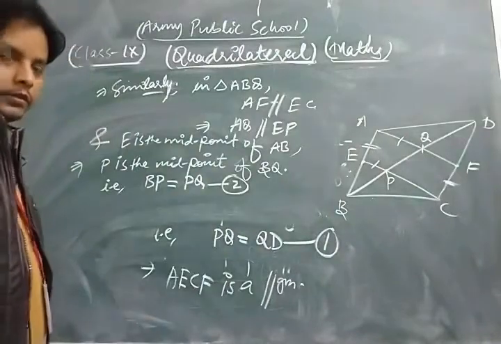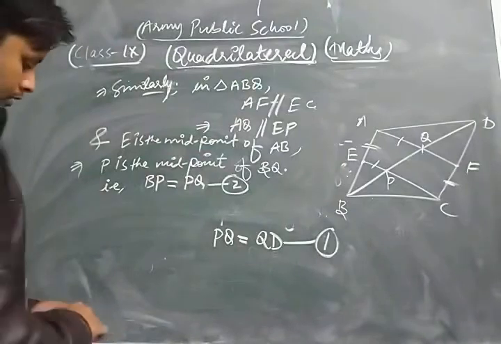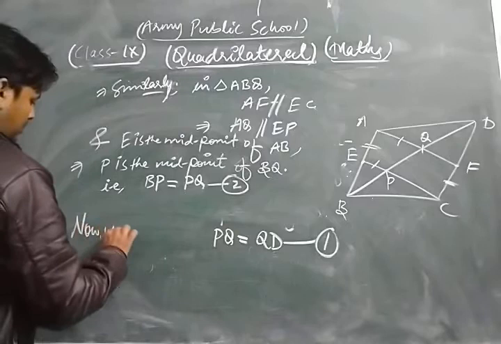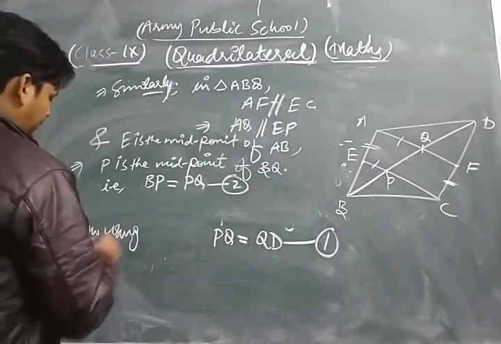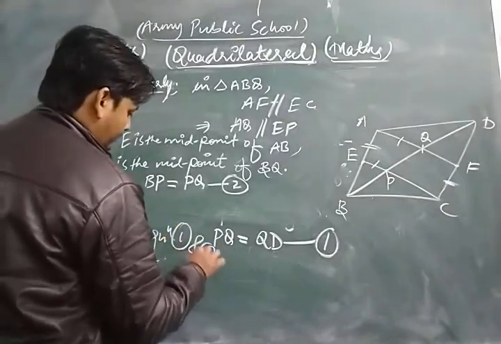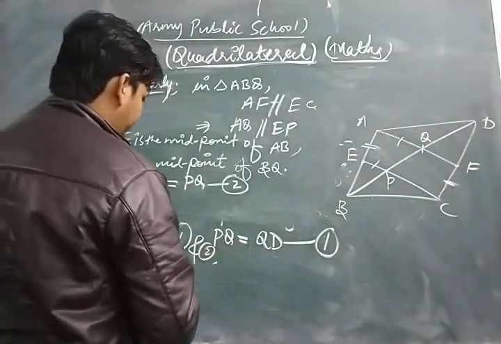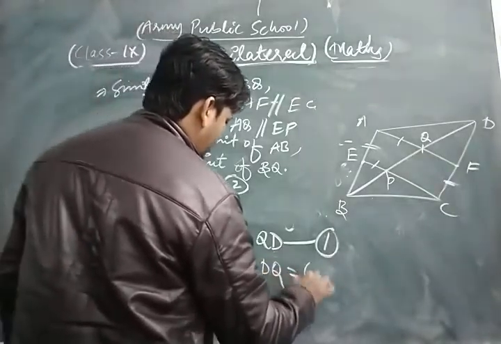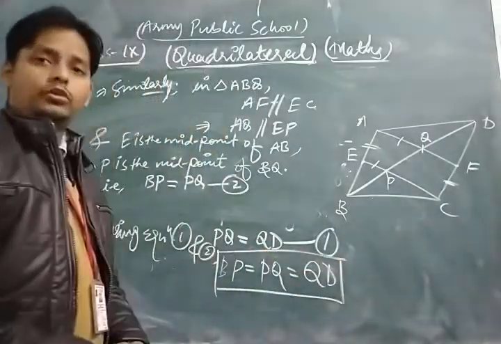Now, using equations 1 and 2, BP is equal to PQ is equal to QD.